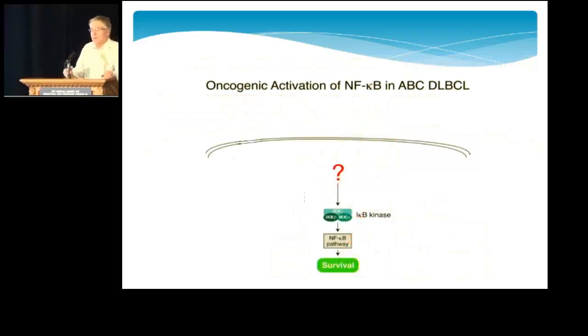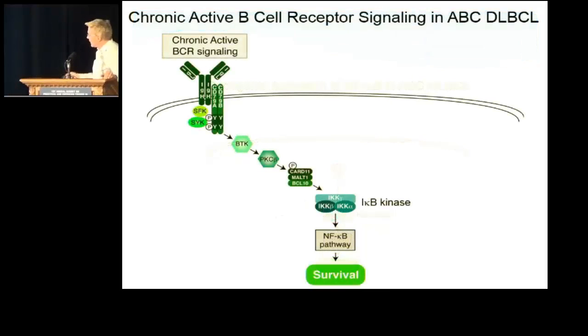Now, the question that Lou Staudt's group was really faced with is that if, in fact, NF-kappa B is turned on, which, in fact, they did show, and that BCR signaling activates it, why do you have this turned on within an ABC large cell? So this is where he went up the pathway over the many different protein kinases and serially went through them and did full sequencing on them.